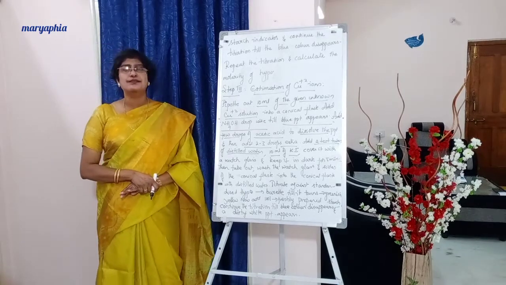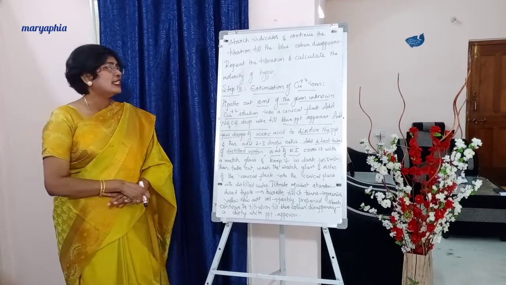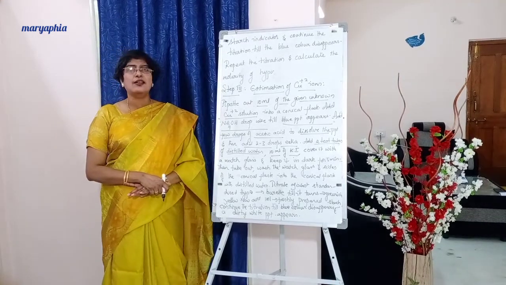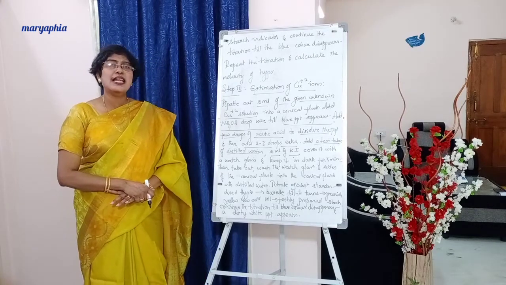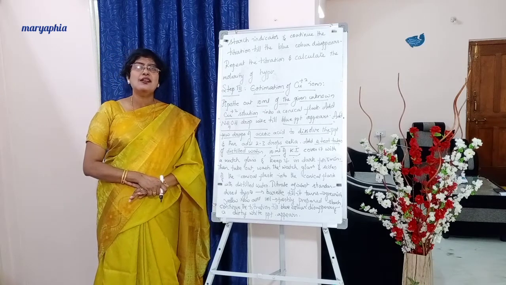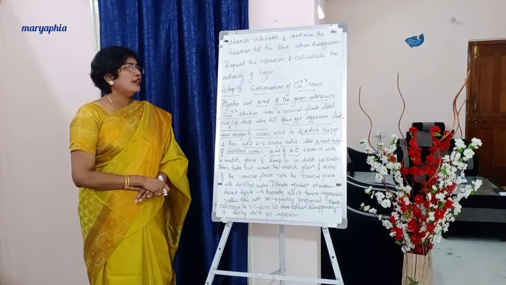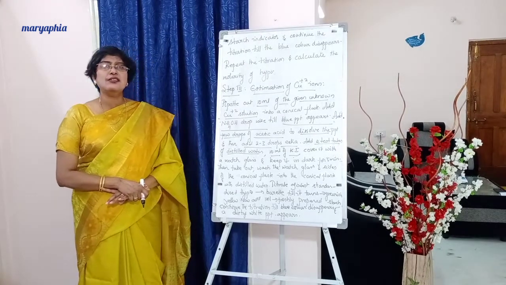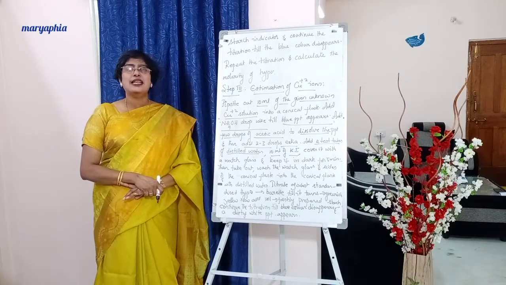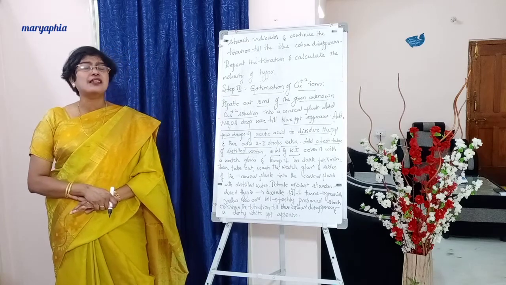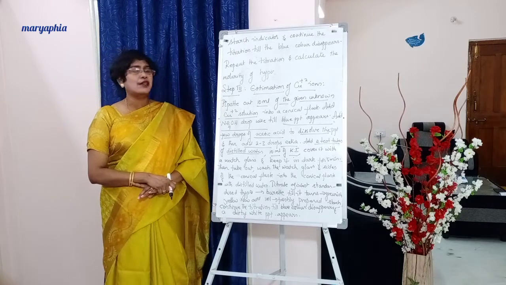Next, step 3. Estimation of Cu+2 ions. Underline. Pipette out 10 ml of the given unknown Cu+2 solution into a conical flask. So first we need to take a conical flask and into that drop 10 ml of the given unknown Cu+2 solution. Full stop.